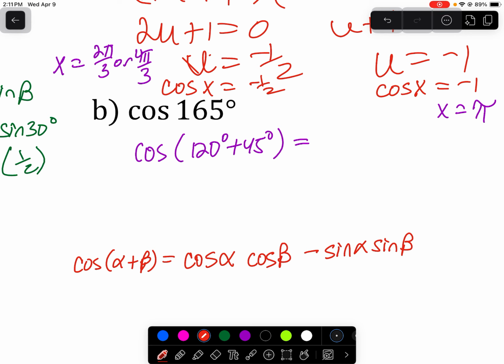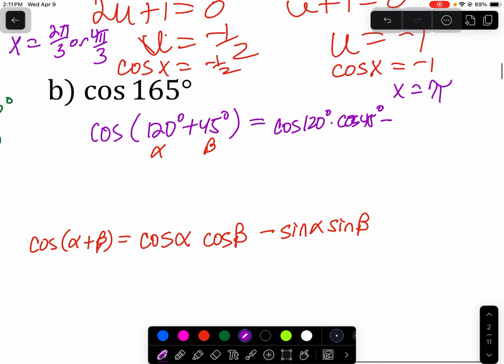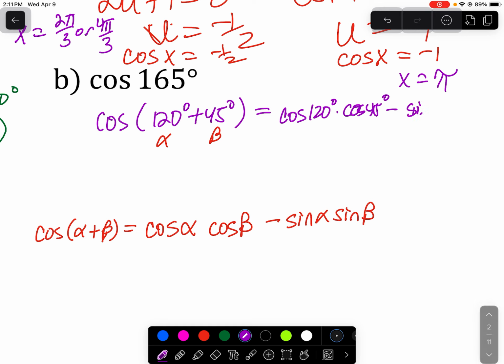Well, next, let's plop in our alphas and our betas. So that would be the cosine of 120 times the cosine of 45 minus the sine of 120 times the sine of 45.